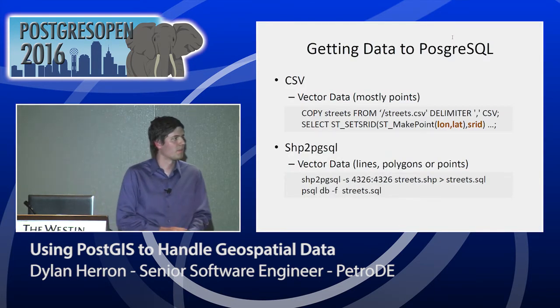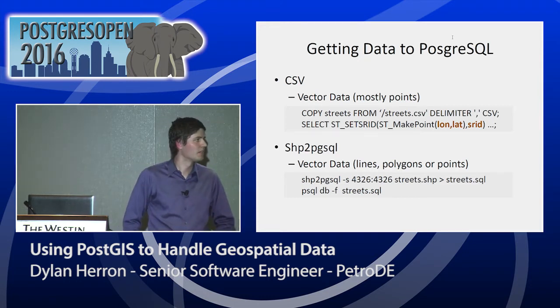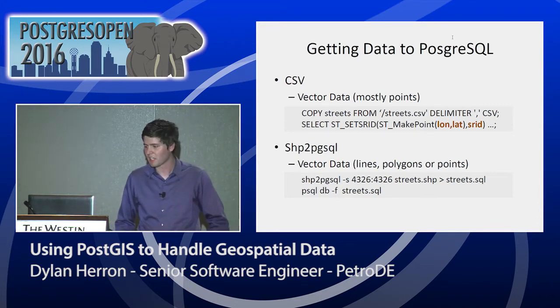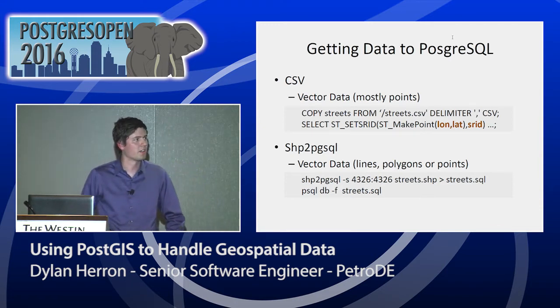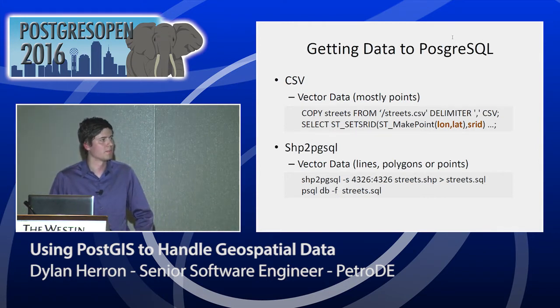To get your point data into PostGIS, you have two main options. You can copy it from a CSV using the standard COPY FROM syntax. Once you bring in your data from a CSV, you'll usually have at least a longitude column and a latitude column, and sometimes a spatial reference identification column.